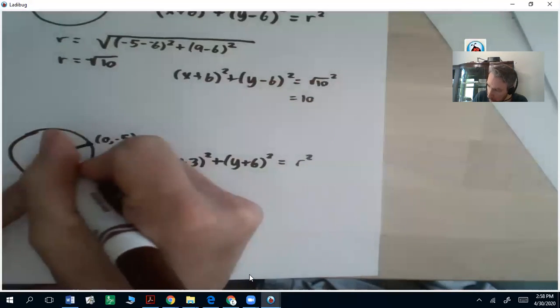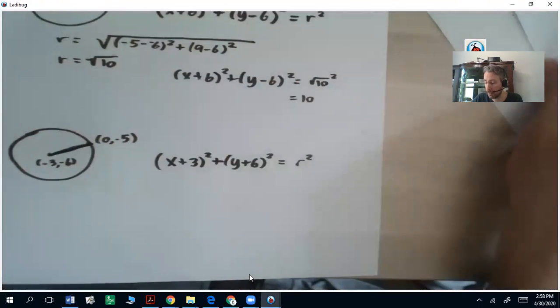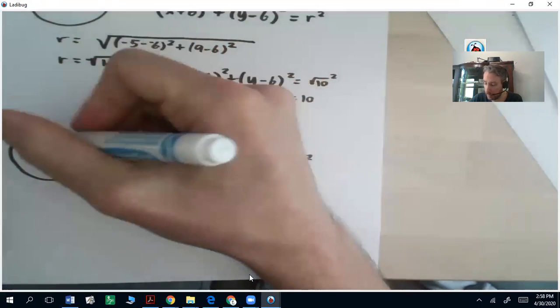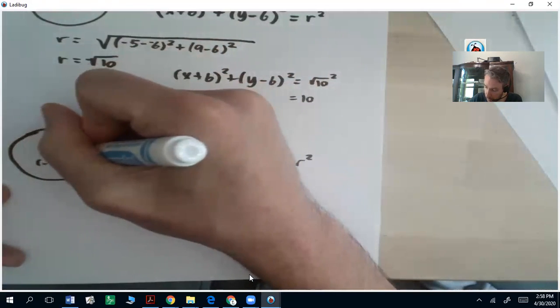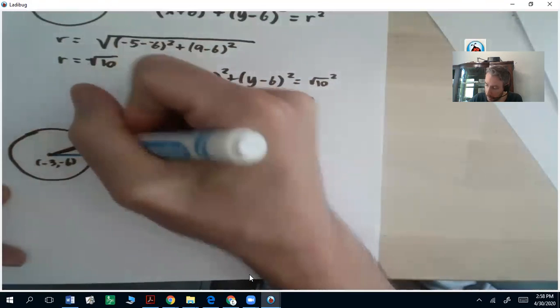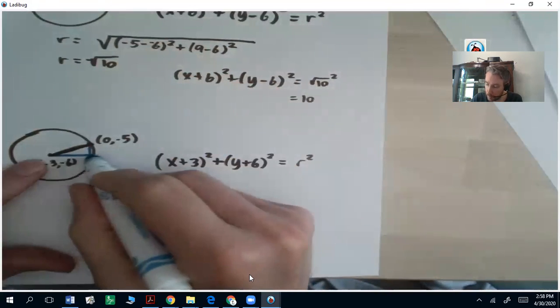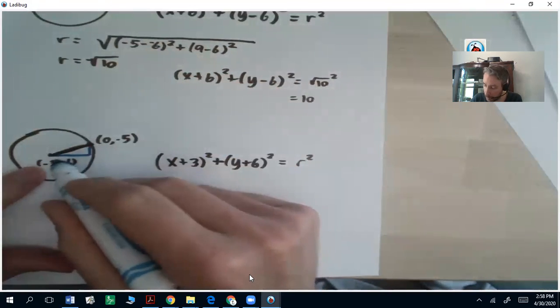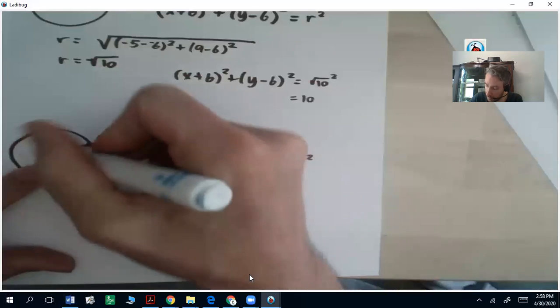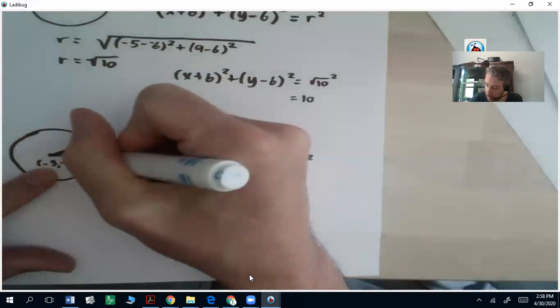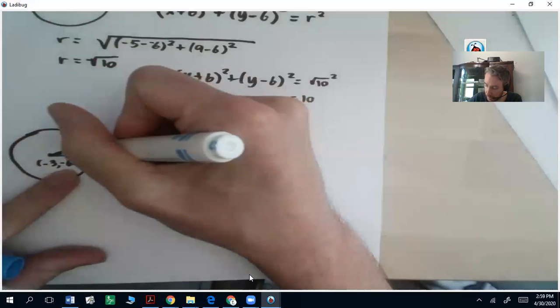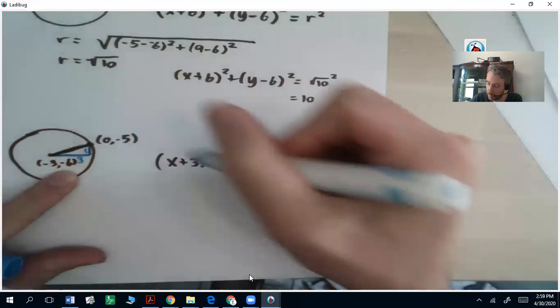Now I can get that. If I'm utilizing the Pythagorean Theorem route that they did, what I would do is I would make a right triangle, and I would figure out how far it is horizontally and vertically. And if I'm going from -3 to 0, that distance is going to be 3. And if I'm going from -6 to -5, that distance is going to be 1.